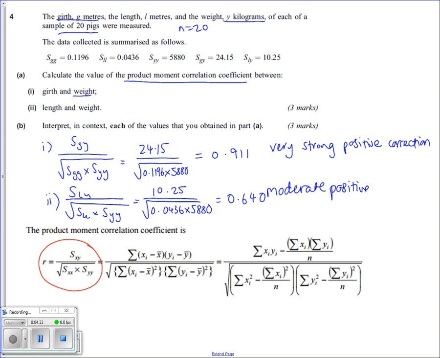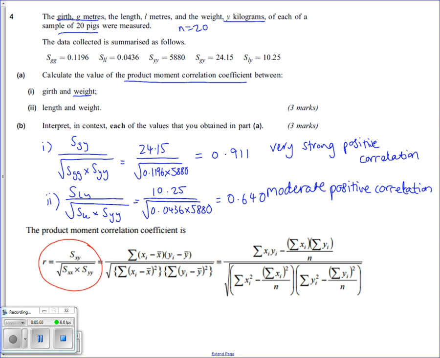We need to make sure we're using the correct language here. I've just seen that I've written correction instead of correlation. Sorry about that. So positive correlation. We need to know the limits of those correlations. Anything above 0.9 indicates a very strong positive correlation, and anything between 0.3 and 0.7 is a moderate or some positive correlation.